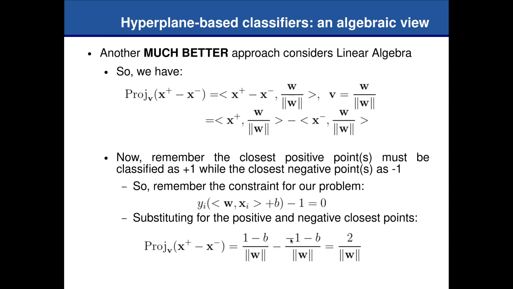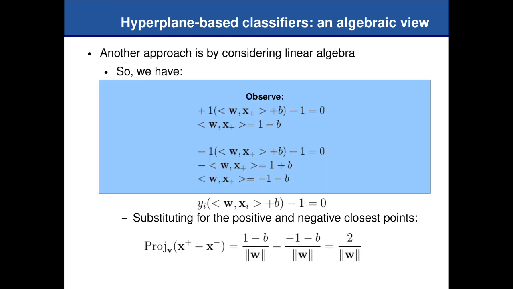This is positive 1. Minus minus b will be positive b. This b and this b will cancel out, and we will have 2 over the norm of w. So this is the projection at this point. Here I have that result I showed you guys in the VIM, just using VIM.